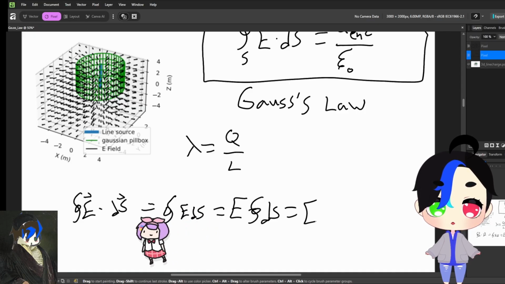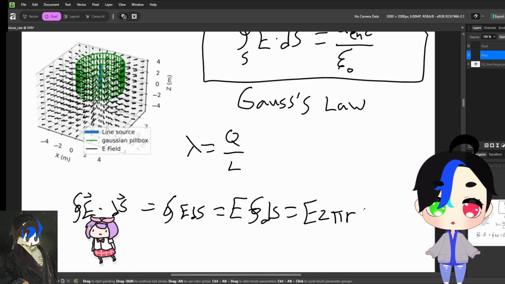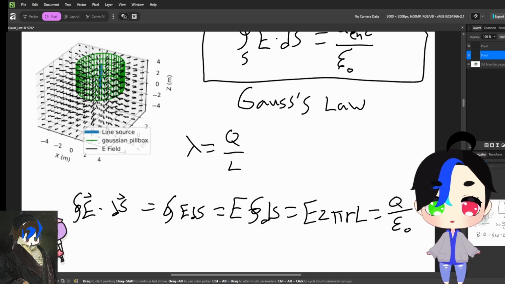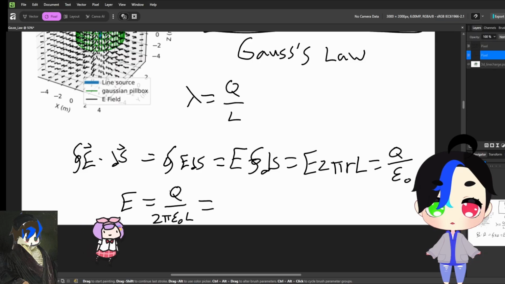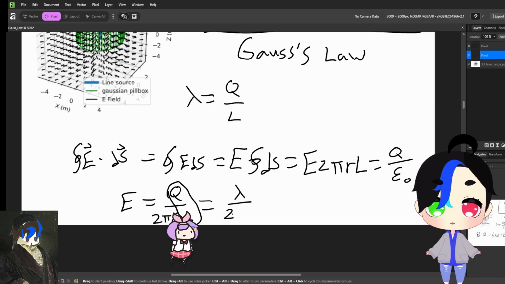So it's E times 2 pi r times L, and that equals the total charge over epsilon naught as per Gauss's law. Moving all that other stuff to the other side, we get Q over 2 pi epsilon naught L, or that's the line charge density, lambda over 2 pi epsilon naught, oh, I forgot the r, r hat.